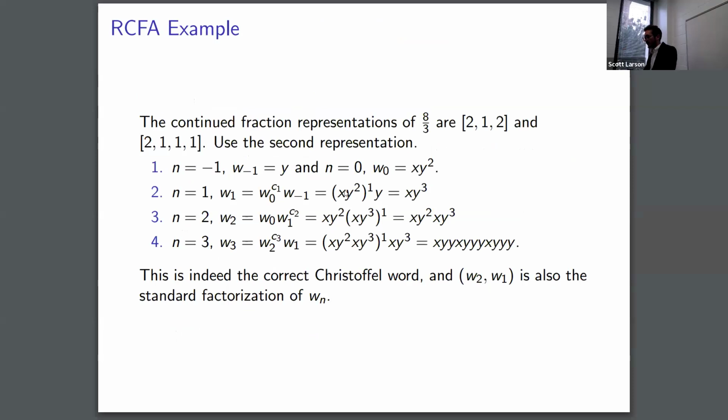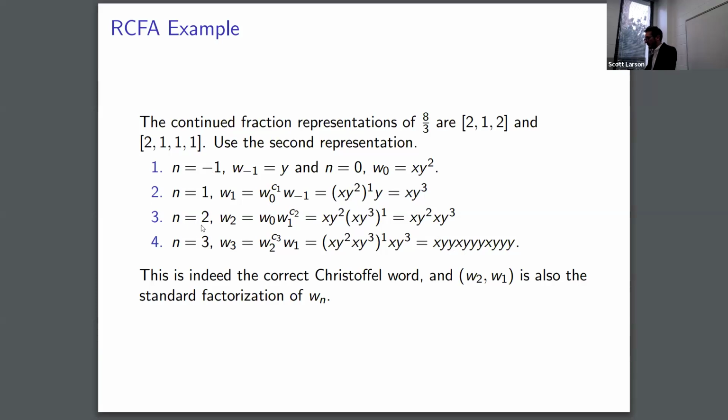So let's do that example again with this method. The base case is here at -1, we have W sub -1 equals Y. N equals 0, you've got W sub 0 equals XY squared. For our first case, n is odd, so we're going to have W0 to the C1 times W minus 1. And at the end of all these steps, you will have a Christoffel word, which is quite nice.